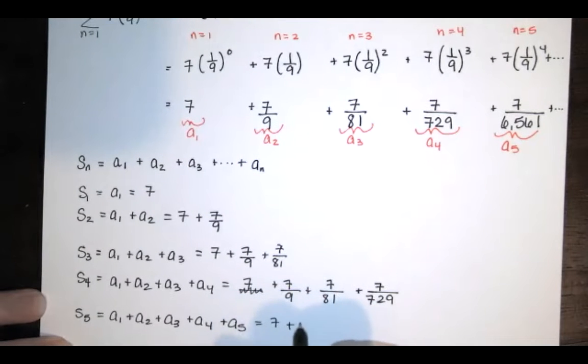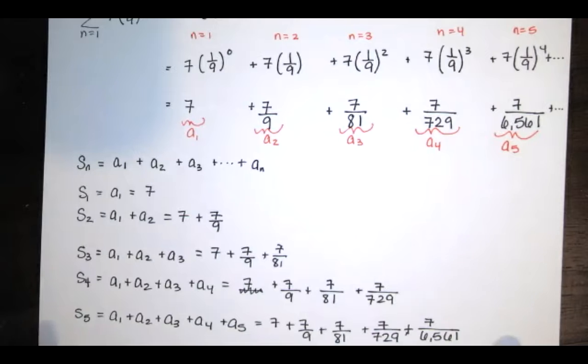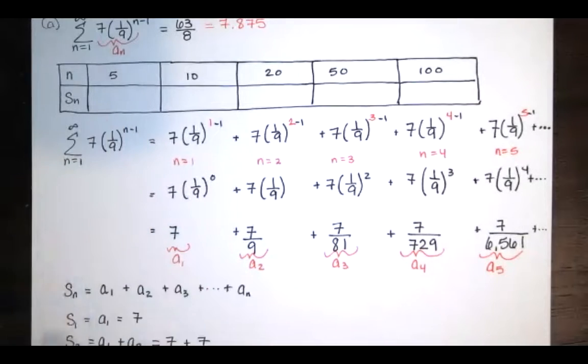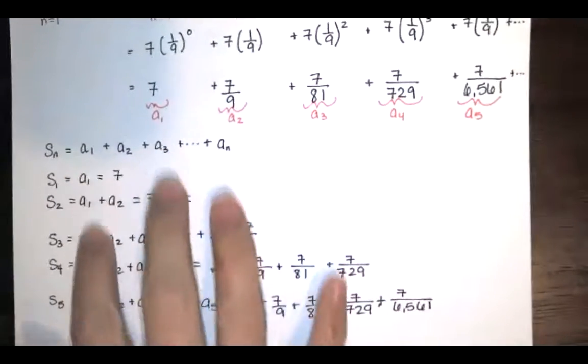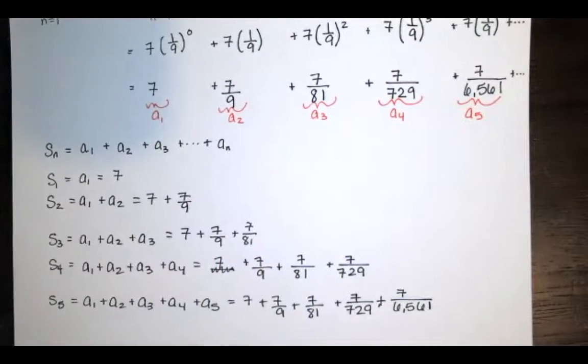So we want 7 plus 7/9 plus 7/81 plus 7/729 plus 7 divided by 6,561. So that is our fifth partial sum, and that is the number that we want here. And we're asked to round that to 4 decimal places. But I think I would like to show you the other partial sums as well first.